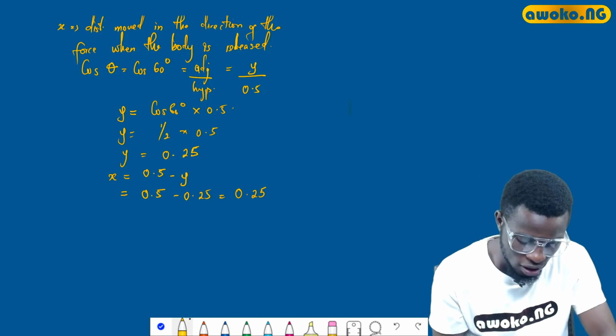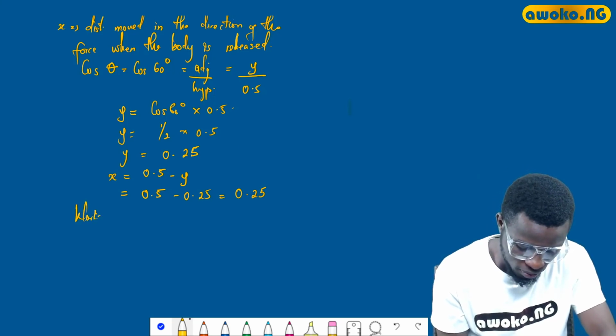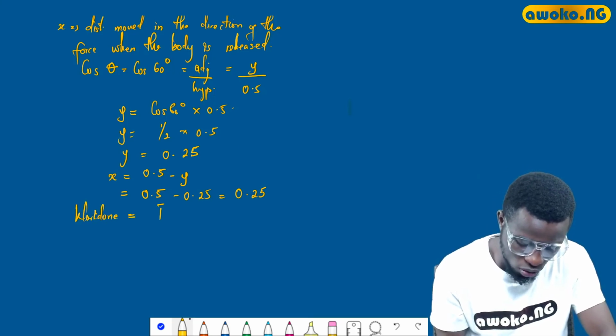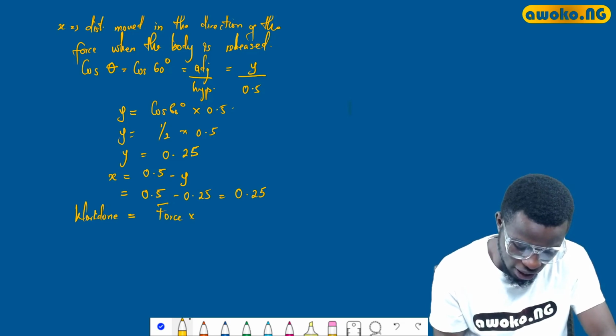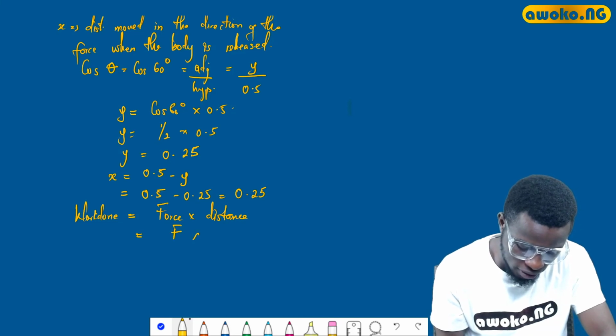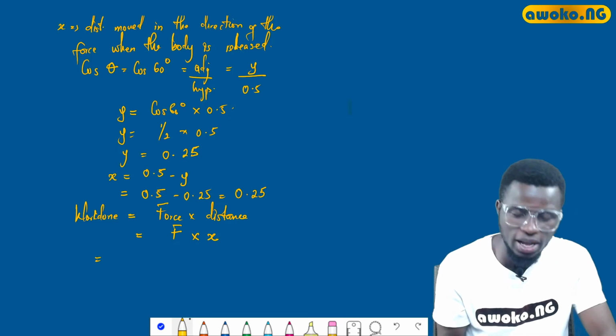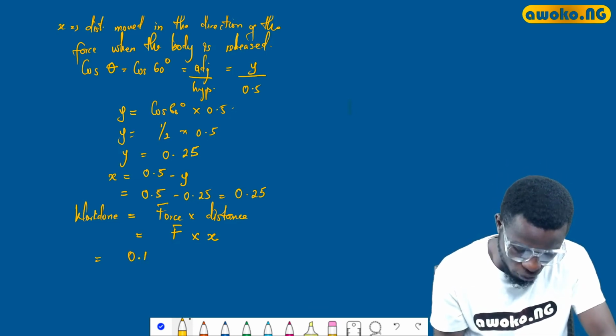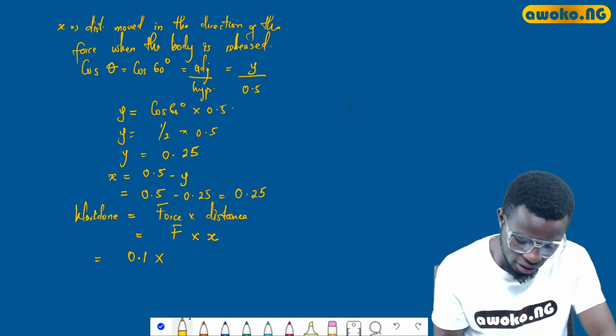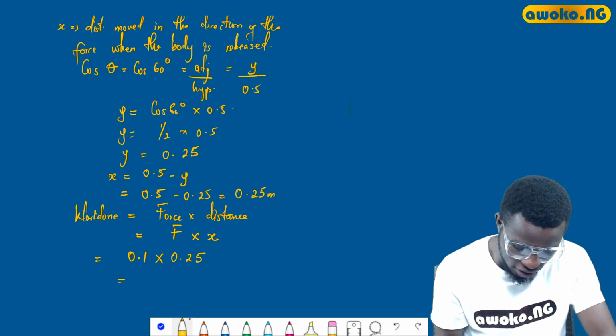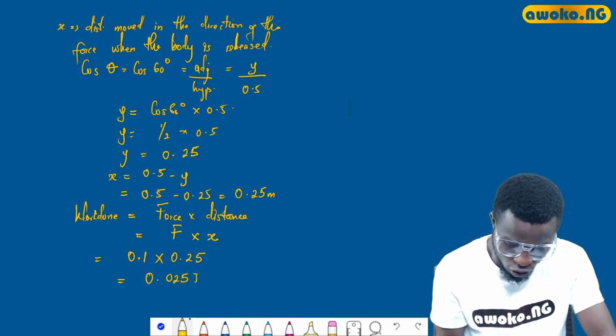Then if we substitute the value into the initial relation for the work done, we have that work done is equal to the force times distance, which is equal to F times X. And I said from the question F is equal to 0.1 and X is in meters, X equals 0.25. And if you do this, we have that your value is 0.025 joule.